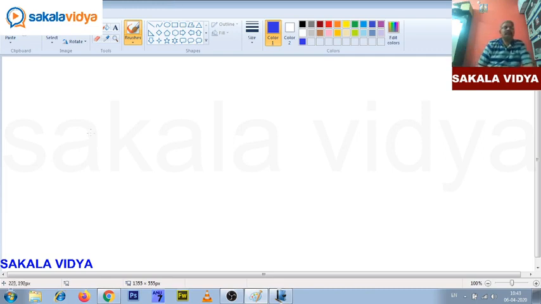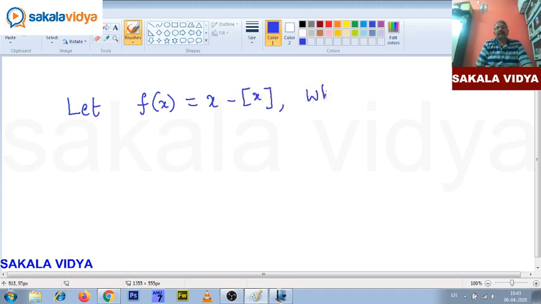So, now let us consider f of x is equal to x minus greatest integer function x, where this is GIF, greatest integer function. Right. So, that means this is the greatest integer function.